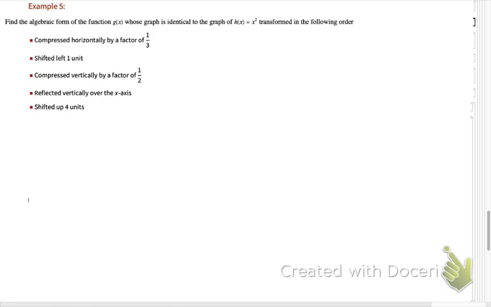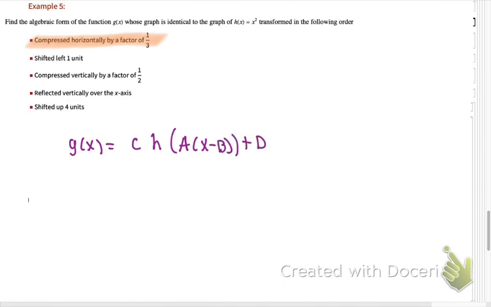Okay, so let's look at these transformations as they're being described one by one. So notice the first one is a compression horizontally by a factor of 1/3. Okay. Now I'll write this down on the bottom. Actually, since g of x is a transformation of h, g of x would have the form c times h of a times x minus b with a plus d on the back.